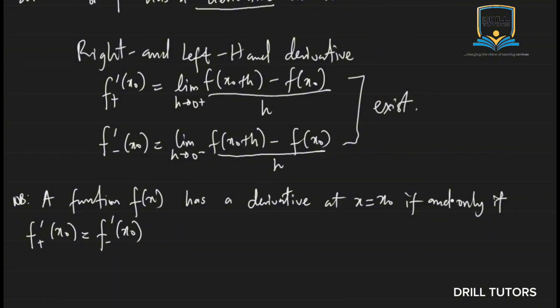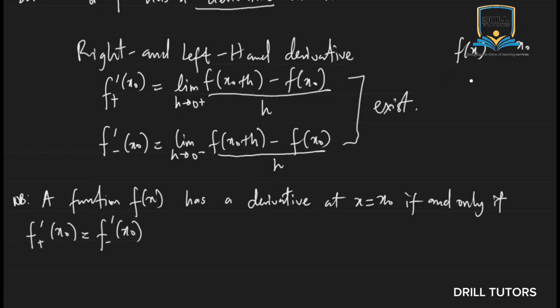So now see, don't confuse yourself. You have a function f of x, and then they are saying confirm whether this guy is differentiable at a point x naught. How do you confirm that? Simple as ABC.